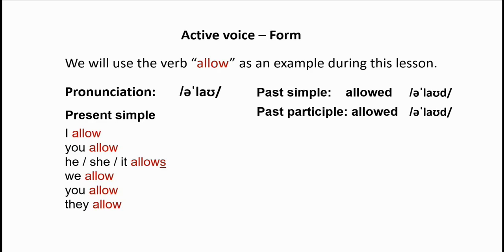But that is not the case with irregular verbs. Often with some irregular verbs, the past simple and past participle are different, and I'll discuss that later in this video.